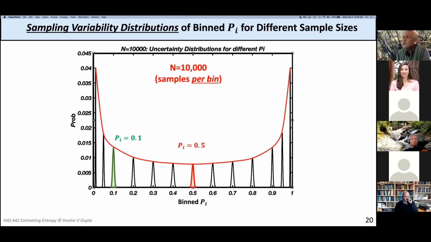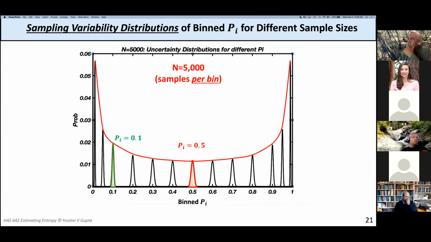Let me assume that I put 10,000 samples in each bin. I'm only concerned with the uncertainty associated with that one bin. If there are 10,000 samples in the bin, and I'm looking at different probability values, so 0.5 in the middle, 0.1 on the left, you can see that the uncertainty is quite small, okay? Ignore the red line. Basically, we're looking at the width of these distributions. Now I go down to 5,000 samples.